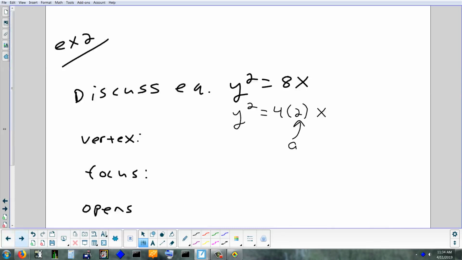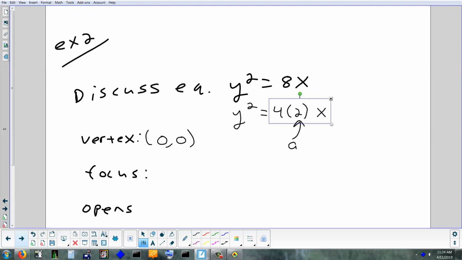All right? Our vertex has always been where? 0, 0. It's always 0, 0. You'll know when it's not. But for these kind of problems, it's 0, 0. Now, the focus. The chart tells you how to find it. This is a parabola, y squared with a positive 4 on the other side. Which type of parabola is this? Opens right, left, down, up.